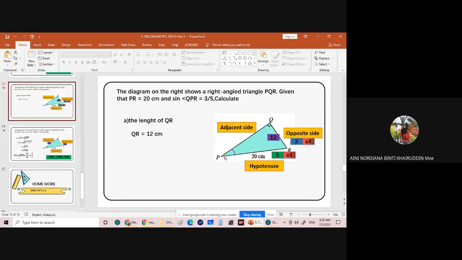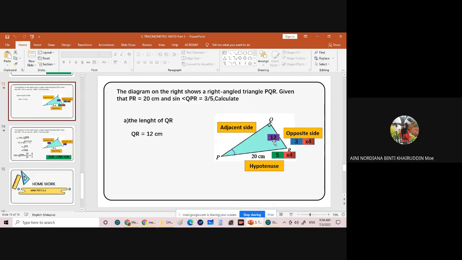The actual length of PR is 20. So how to get 20 from 5? You need to times 4. So 5 times 4 is 20. Here also, if PR is 20, QR you need to times 4 also, so that the value becomes 12.